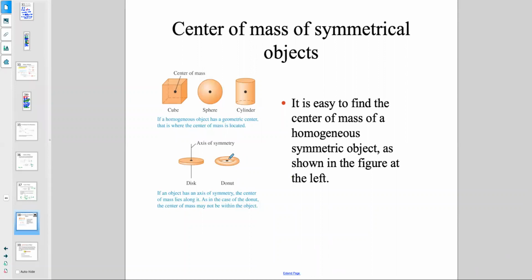Even though there is no particle at the center here, or this part is empty, the center of mass of this object will be located at the center. In other words, I can consider this ring to be one particle located at the center with the total mass concentrated on that point. Okay? So it's much easier to find the center of mass for this symmetric object.